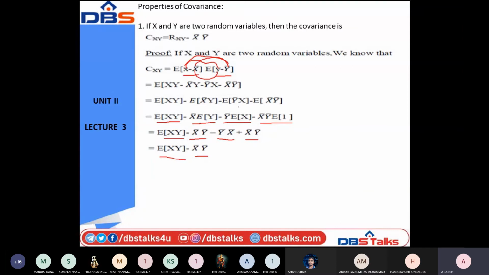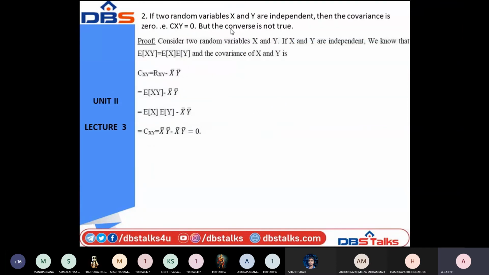So coming to the next one, if two random variables x and y are independent, then the covariance is 0, that is cxy is equal to 0, but the converse is not true. As we have already known, for independent variables cxy is equal to 0, but the converse will not be true. We need to prove that. So consider two random variables x and y.